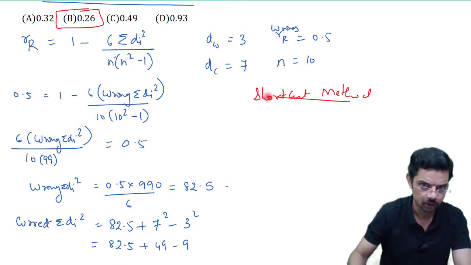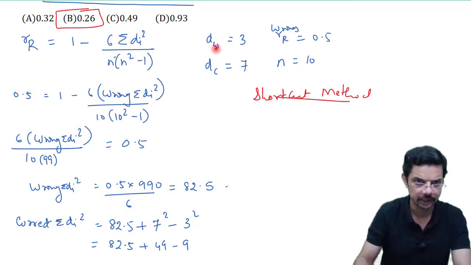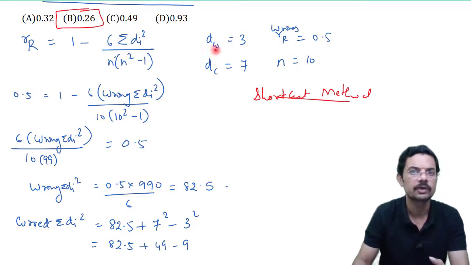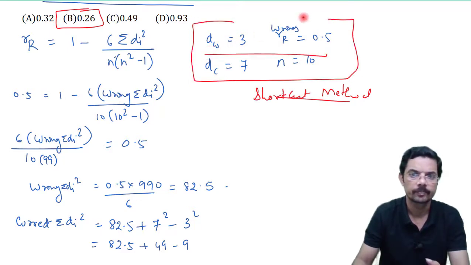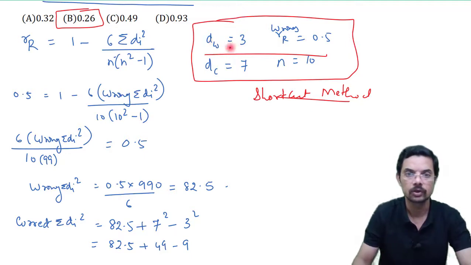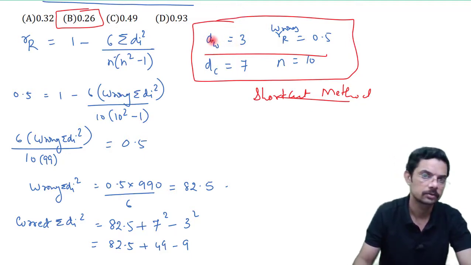Just pay attention to the shortcut method. Observe, this is a trick, so you need to be careful with what we have and what we don't have. This is the data that we have. This is a wrong observation, a wrong deviation, so wrong di will be 3.